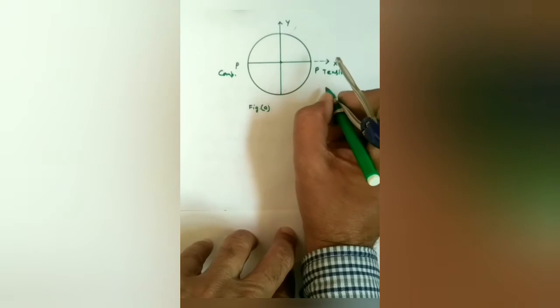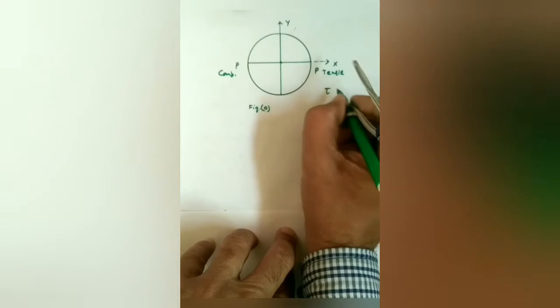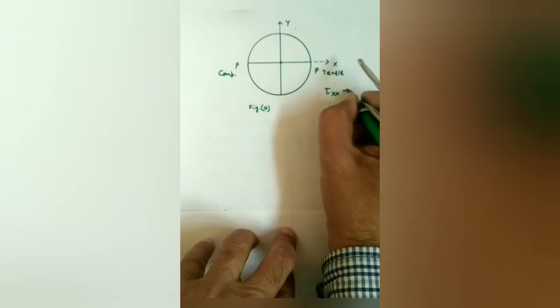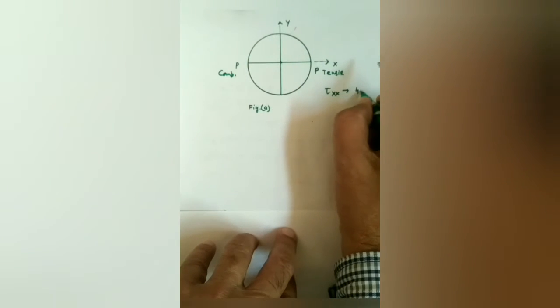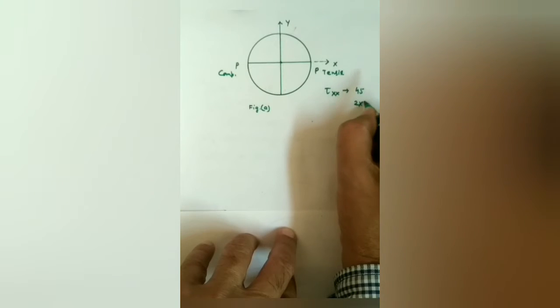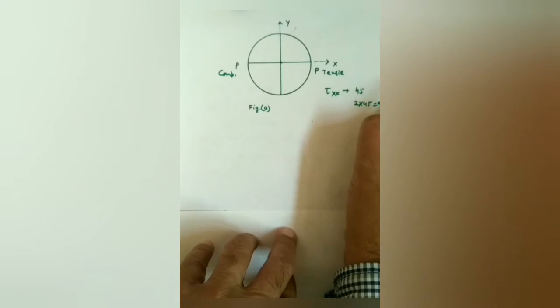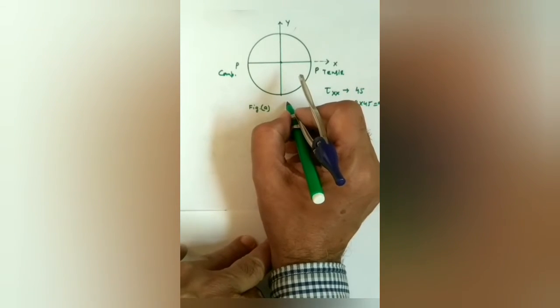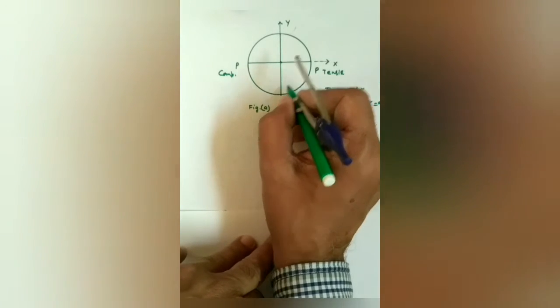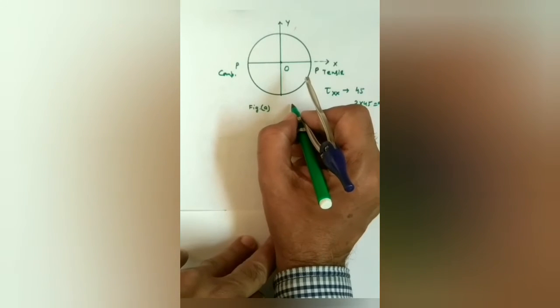Now tau xx is in direction if we rotate it by 45 degree. So on Mohr circle we rotate 2 into 45, that is 90 degree. So it is vertically down. We know that the normal stress vertically down from the origin is 0.